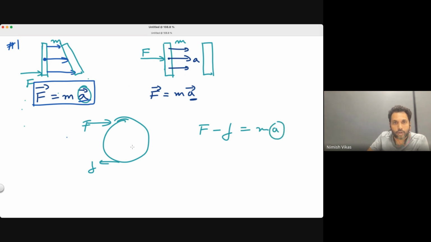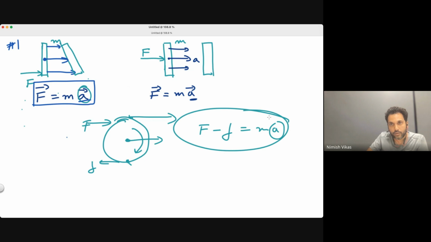This A is being talked about, this part. If it is rolling, your top part must be moving with the higher acceleration, the lower part not that high, as low as zero acceleration, it may be the bottom part. But this equation is always going to talk about the center of mass. Is that clear, guys? That is concept number one.